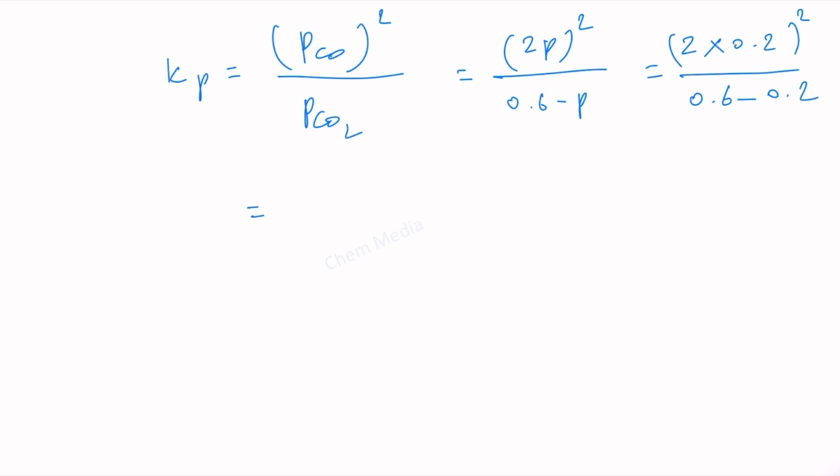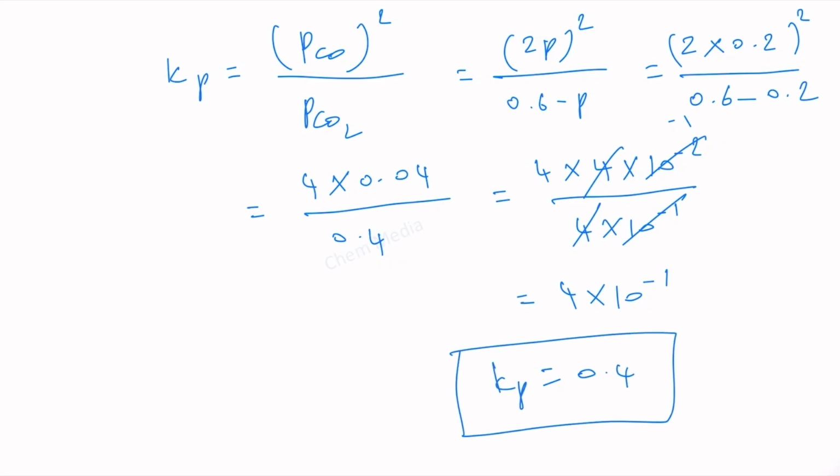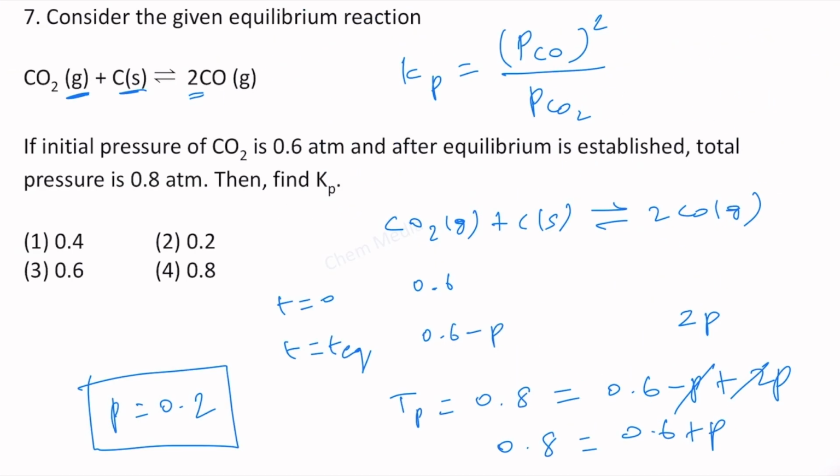Therefore, this will be equal to 4 times 0.04 divided by 0.4. Let us write it this way: 4 times 4 times 10 to the power minus 2 divided by 4 times 10 to the power minus 1. This will cancel. Therefore, this is simply 4 times 10 to the power minus 1. That means this is equal to 0.4. Kp value is 0.4. This means option 1 is correct.